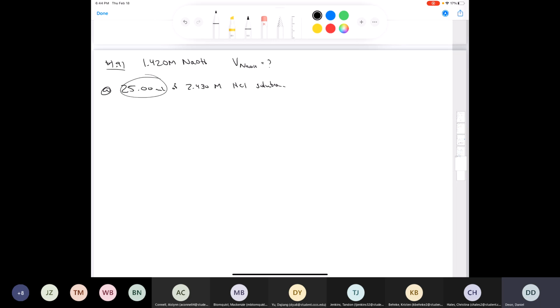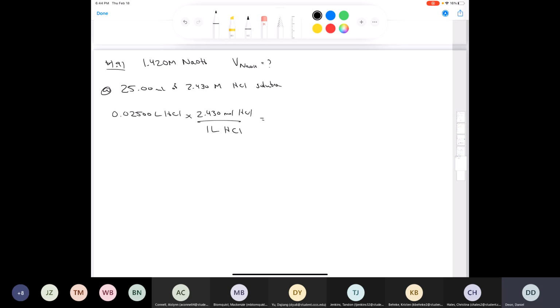You're starting with 25 milliliters of your HCl solution. Now, 25 milliliters divided by 1,000, we move the decimal place over 3 places. We end up with 0.02500 liters of HCl. We know the concentration of our HCl. It's 2.430 moles of HCl in 1 liter of HCl. Let's just do that one step.